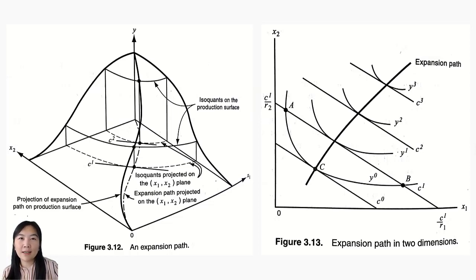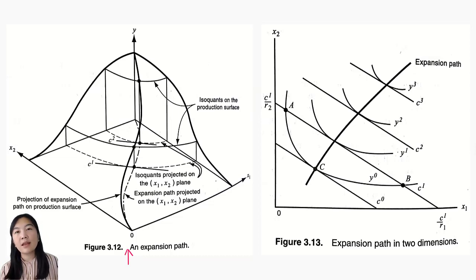And here I can show you how the expansion path looks in 3D. These are 2 figures from BT et al. On the left, we have the 3D expansion path, and on the right side, we have the 2D expansion path, which is what I have shown you before.